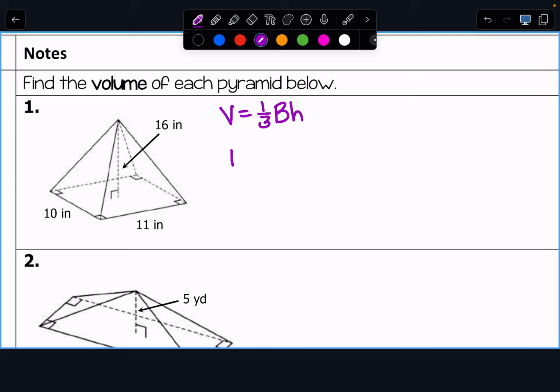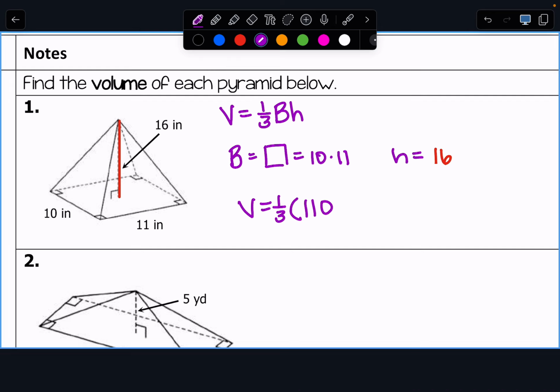So, our base is a rectangle that is 10 by 11. And what's the height of our pyramid? The height of our pyramid is 16. So, our volume is 1/3 times 110 times 16.